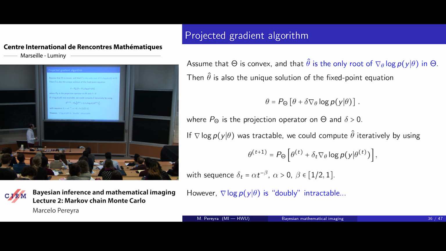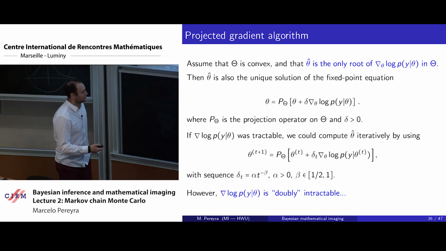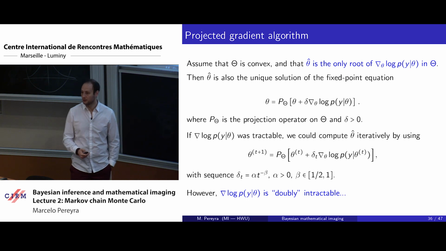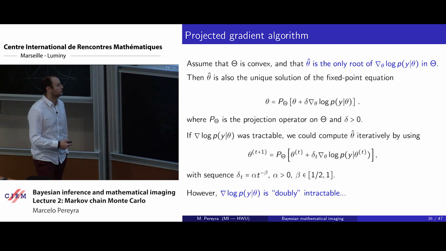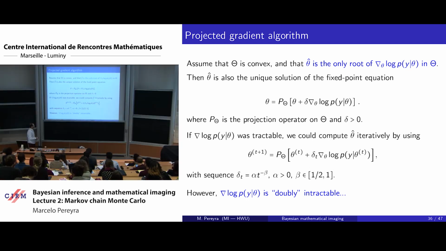So if this gradient term here was tractable, then I could just do this sequence and iteratively update the value of theta until I get to the right value of theta, the maximizer. It would stabilize at the maximizer. This is a problem in dimension 1 or 2. If this is sufficiently regular, I should get a solution pretty fast. In fact, in most cases, this is p of log p, almost quadratic, so you converge very quickly to the minimum in dimension 1.